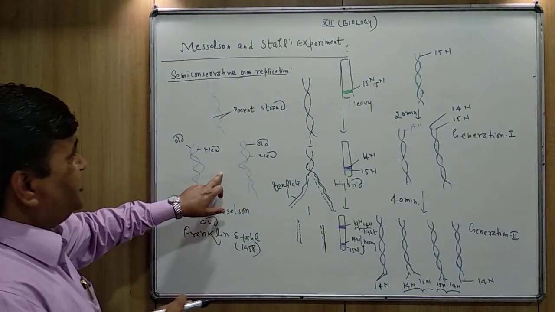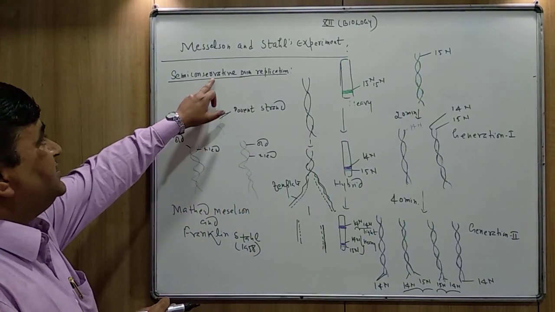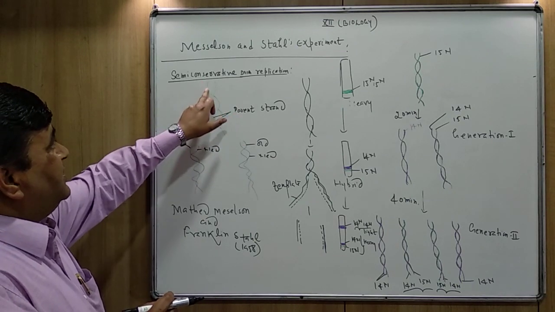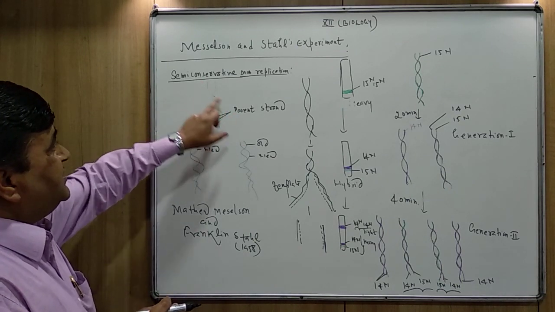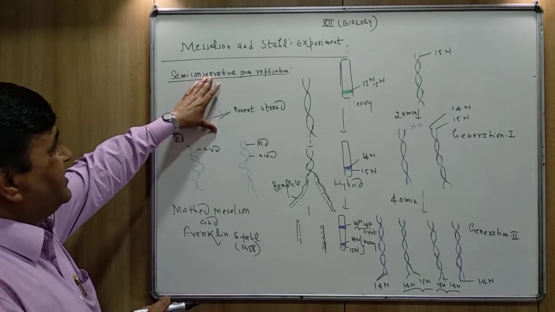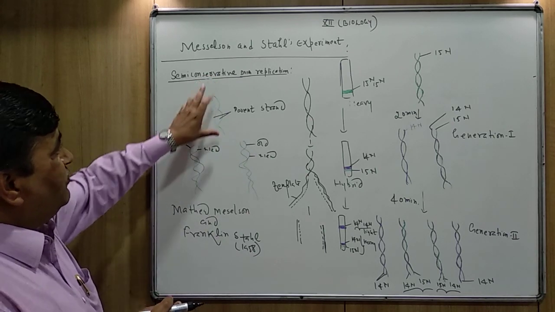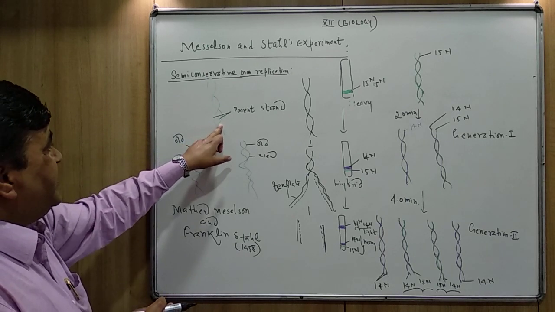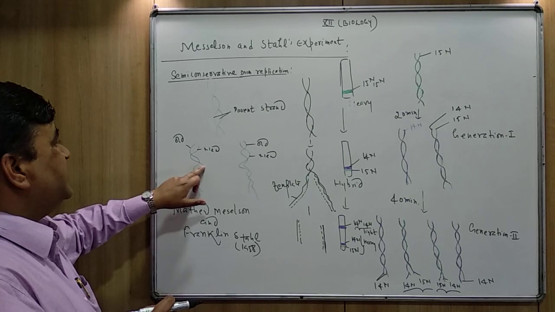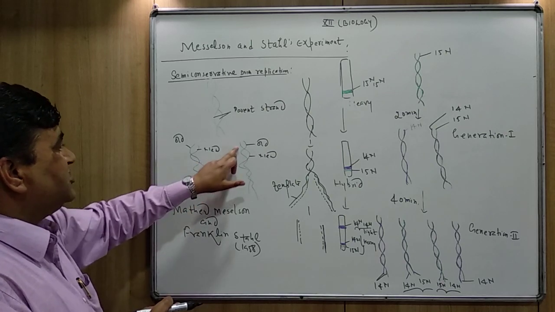You can see in this diagram I have drawn here with this green sketch. This is the parent strand, a DNA molecule. Now both the strands act as the template, and according to the old strand, the new strand is going to be synthesized here also.